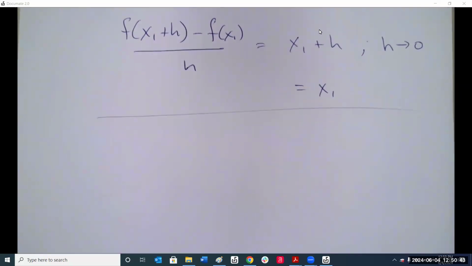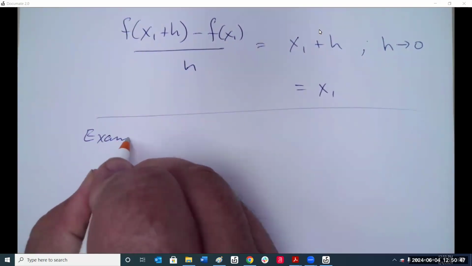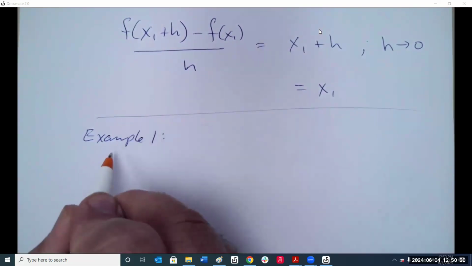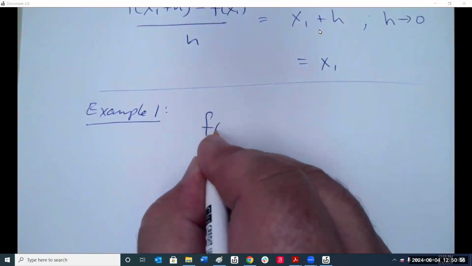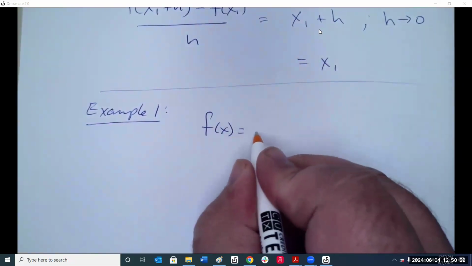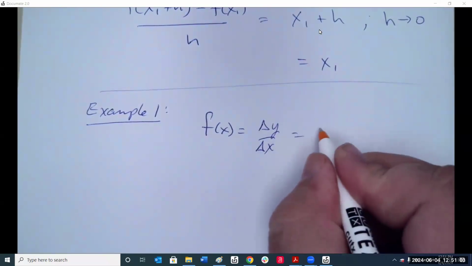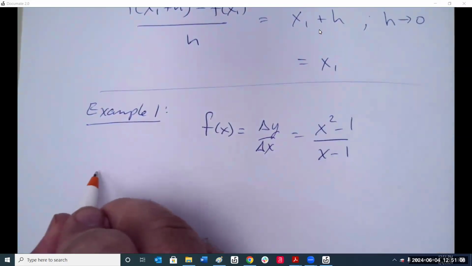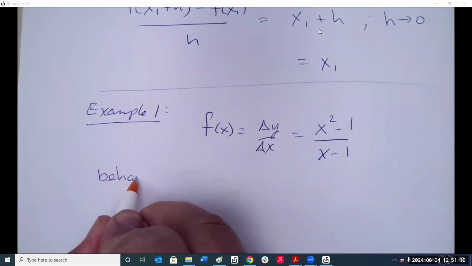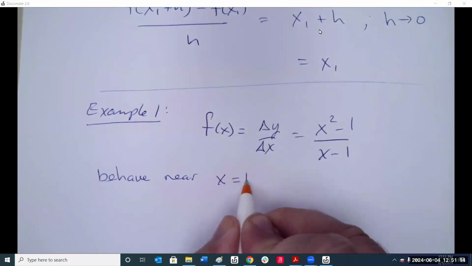All right, so let's work at this example 1. How does the function f of x equals (x squared minus 1) over (x minus 1) behave near x equals 1?